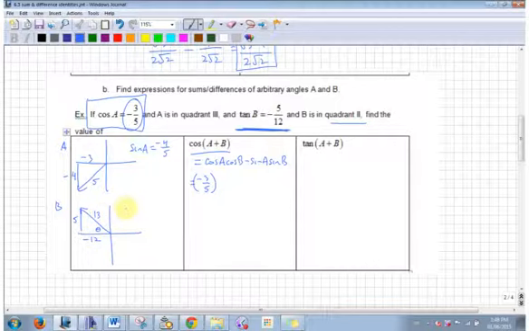Maybe. So sine of A, I already got. I'm going to need sine of B, and I also need cosine of B. So let's start with sine. Sine of B is 5/13. And cosine of B is negative 12/13.